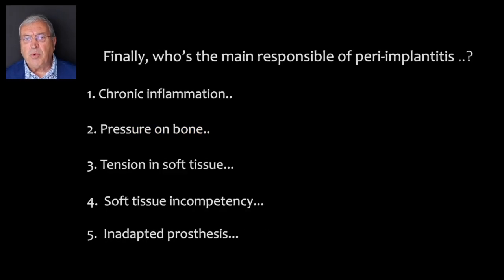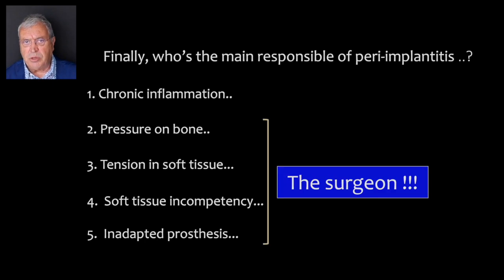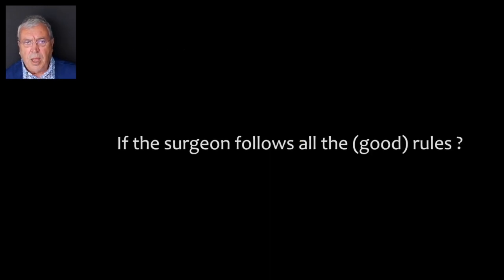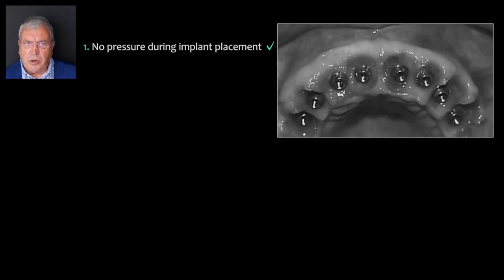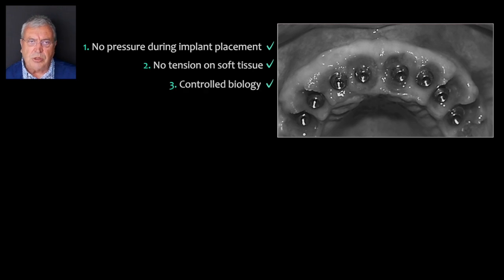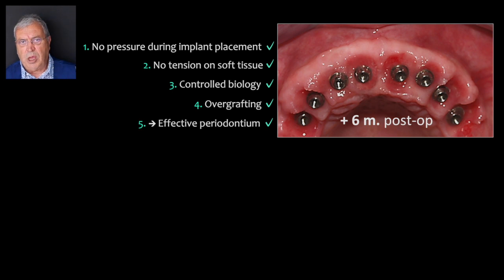Finally, who is the main responsible of peri-implantitis? The surgeon, because he is doing a wrong surgery. And if the surgeon follows all the good rules: no pressure during implant placement, no tension on soft tissue, controlled biology, then after a few months he will get an effective periodontium, which is a healthy periodontium.